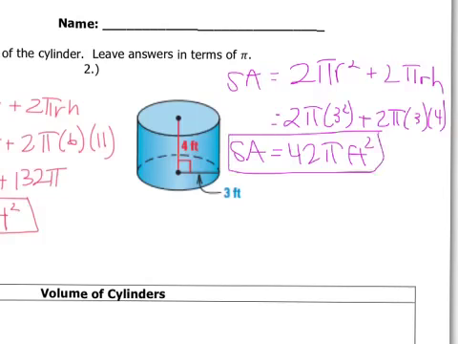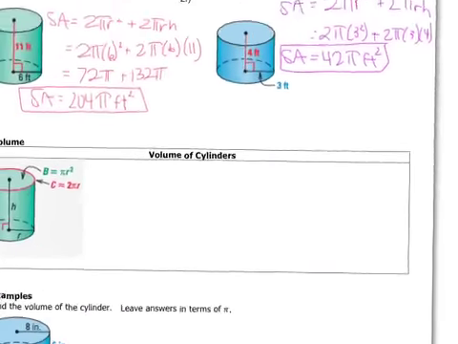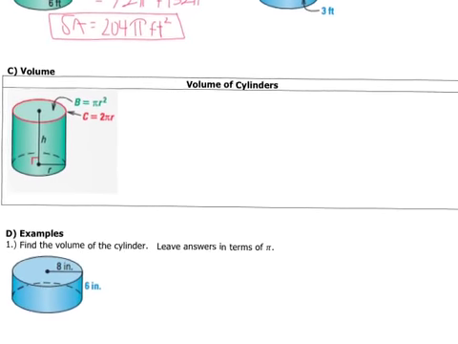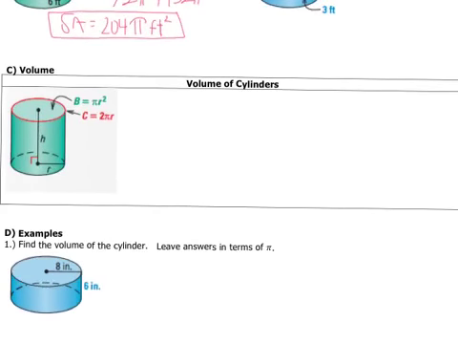All right. Let's move on to volume again. We already looked at the net for the volume and developed that. Let's just make sure we get it into our notes again. Volume of a cylinder is pi r squared h. The area of the base times the height of the cylinder.